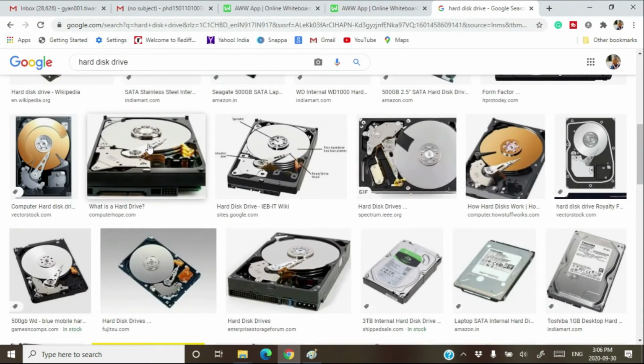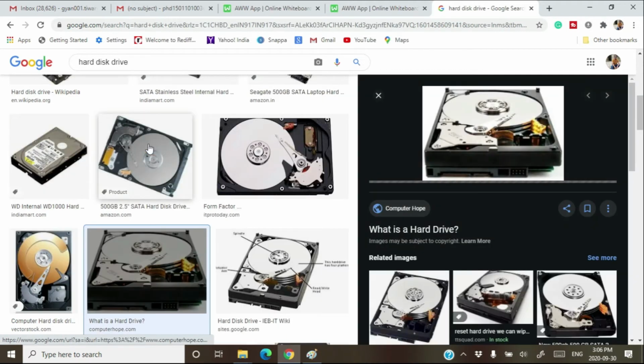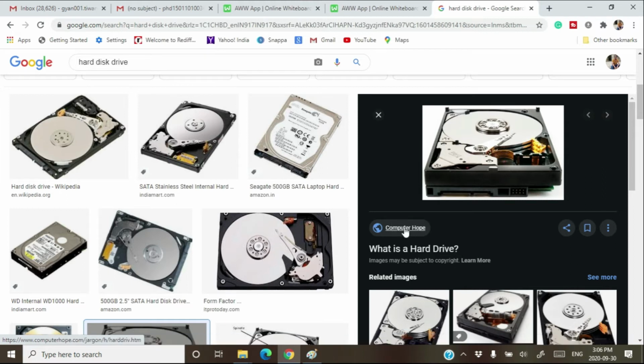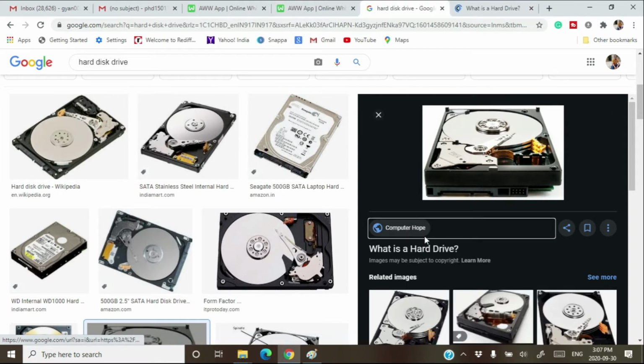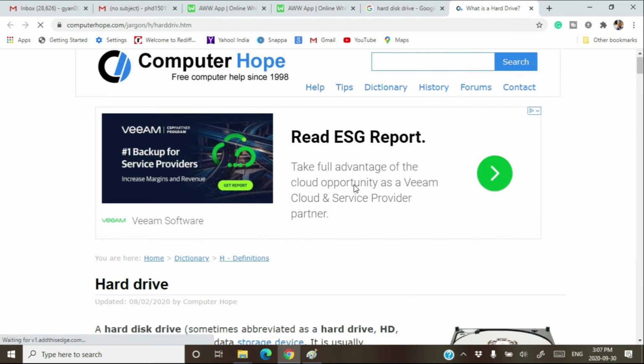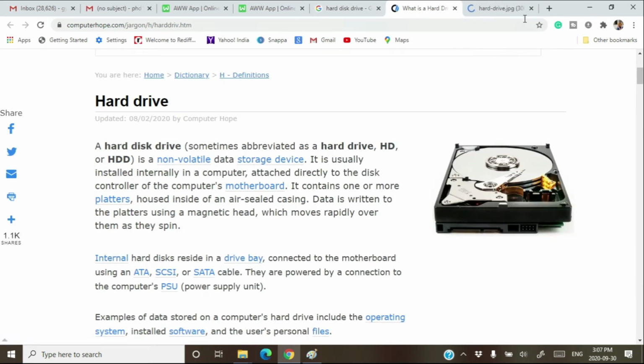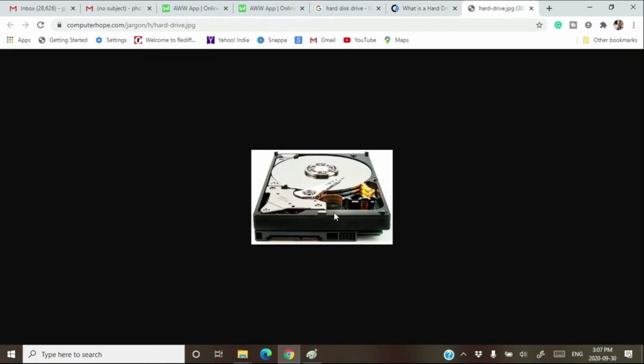Here you can see this image. All the credit goes to the Computer Hope website. I'm not taking any credit from them. This is the image opened in a new tab, and see here how it looks.